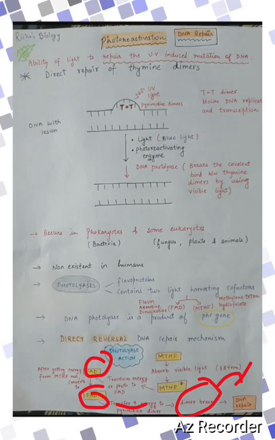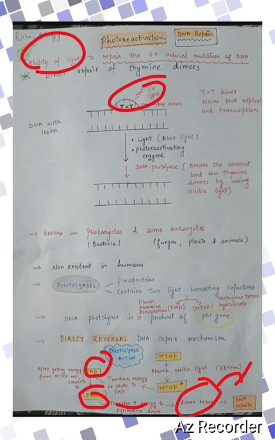This is quite a common question which the CSIR NET exam asks. So you have to remember these points here. What is photoreactivation? It is the ability of light to repair the UV-induced mutation of DNA. How is the light repairing the damage done by UV?